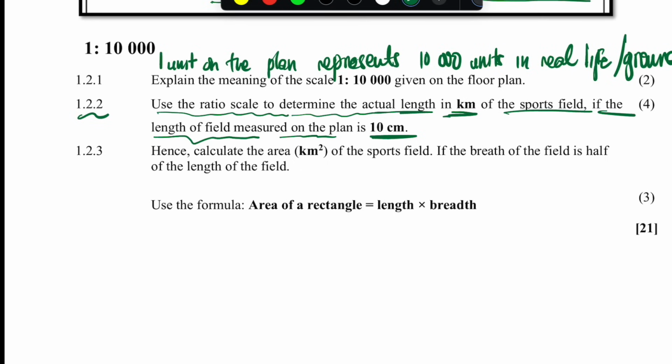So what we do in 1.2.2, okay, let me write it here. We say 1:10,000. That's the scale that we're given. This is the real side, guys, in real life, and this is where on the plan, right? So we want the actual length there. What do we have? We're given here 10 centimeter on the plan, right?